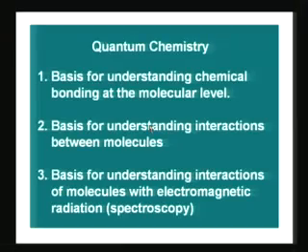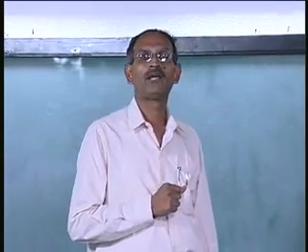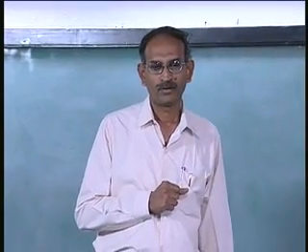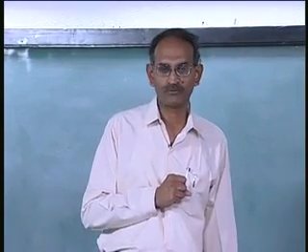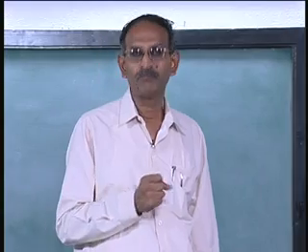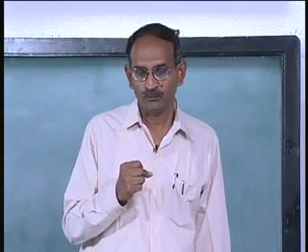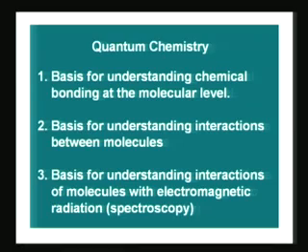Why is quantum chemistry extremely important in chemistry? Quantum mechanics is important in chemistry. It is the basis of the understanding of chemical bonding at the molecular level. As you see here, it is the basis for understanding the molecular interactions.